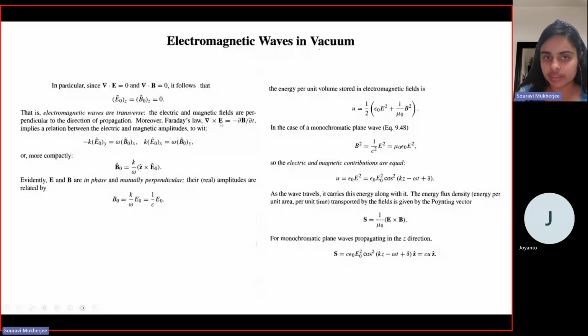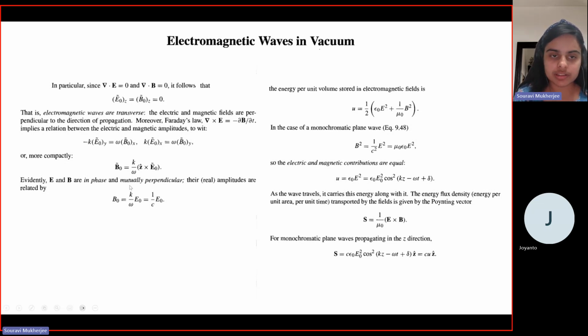And from Faraday's law, we get this relation which shows how the electric and magnetic field amplitudes are related to each other. So if you know the electric field, you can use this relation to find the magnetic field, given you know the direction of propagation of your wave, right?